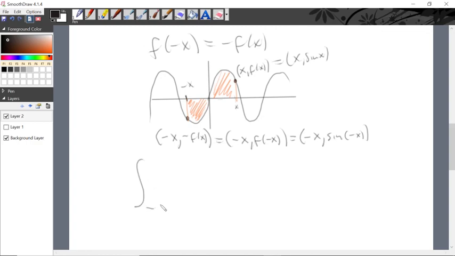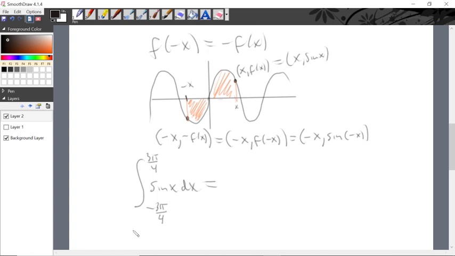Let's say this would be pi over 2. This would be pi. Let's take the integral from negative 3 pi over 4 to positive 3 pi over 4 of the sine of x dx, for instance.